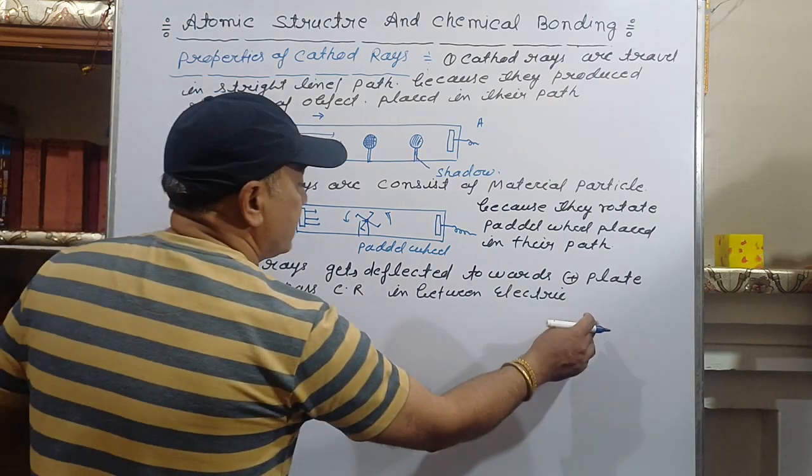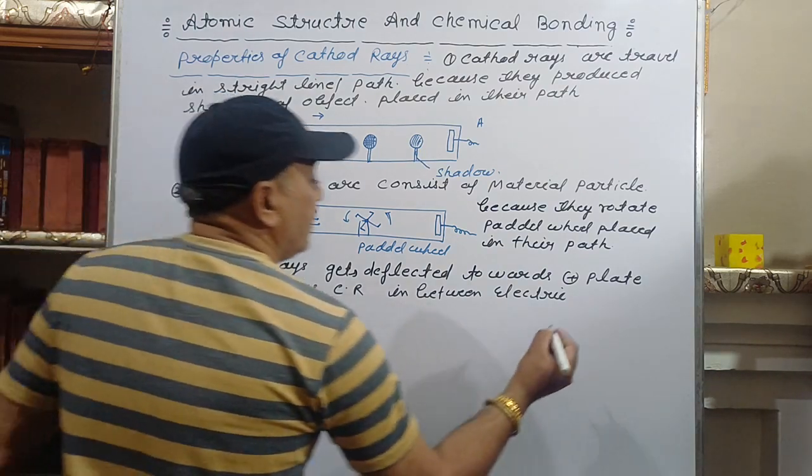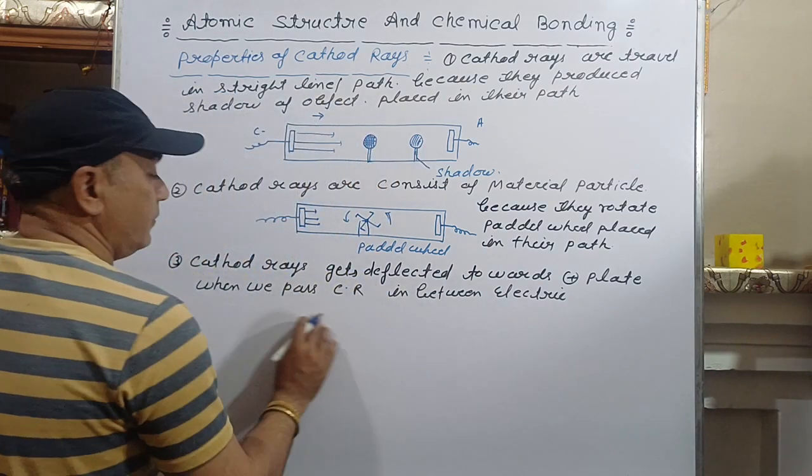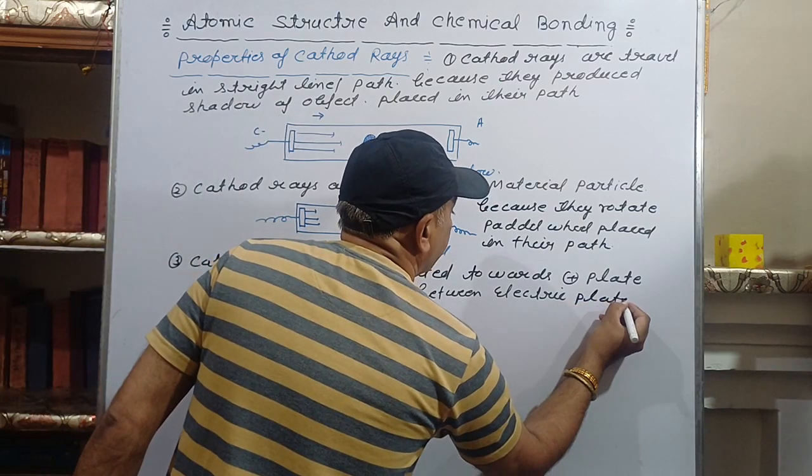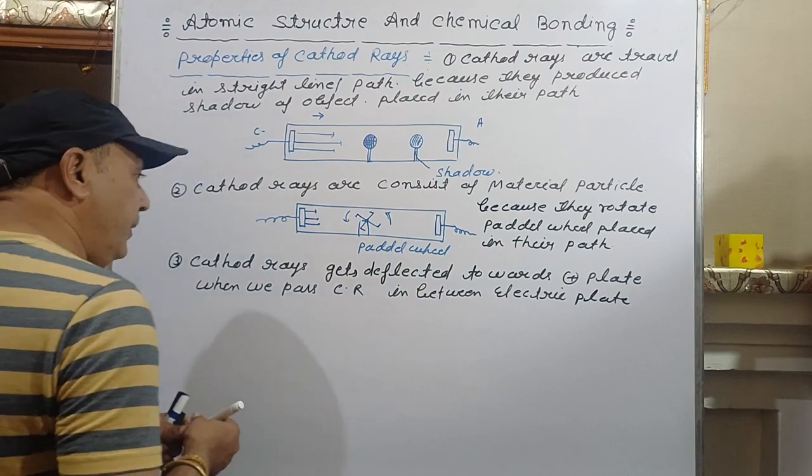CR means cathode rays, in between electric plates. It is very simple.